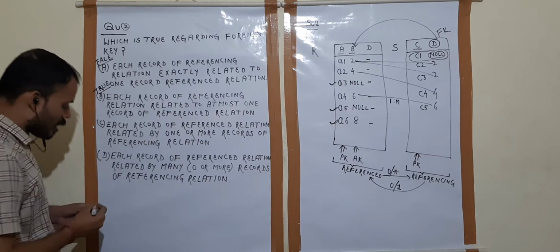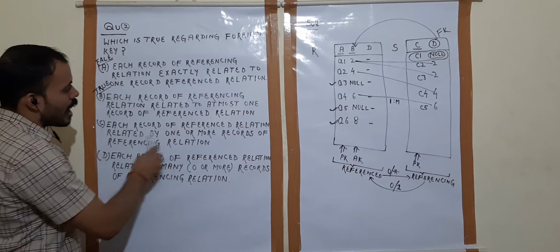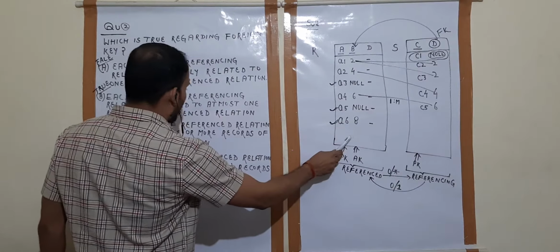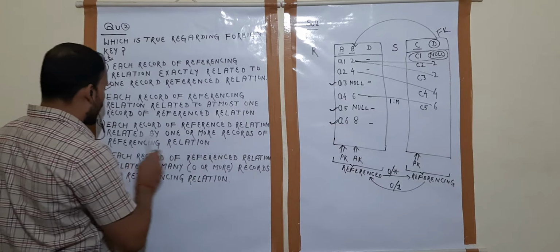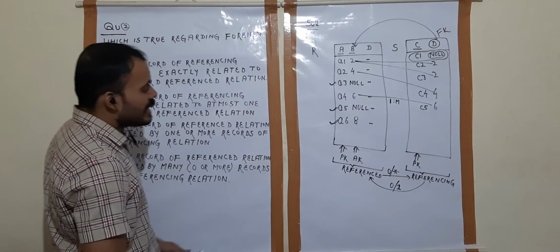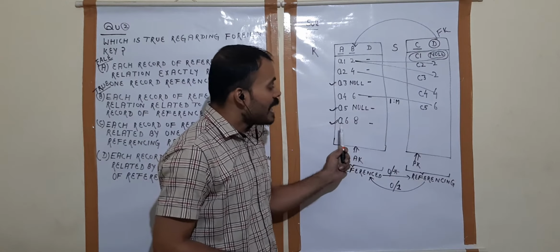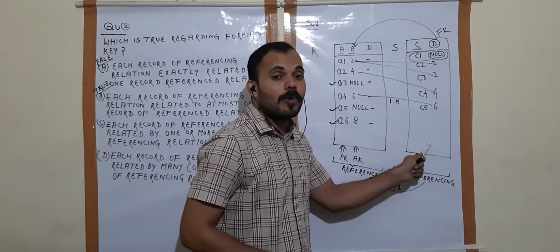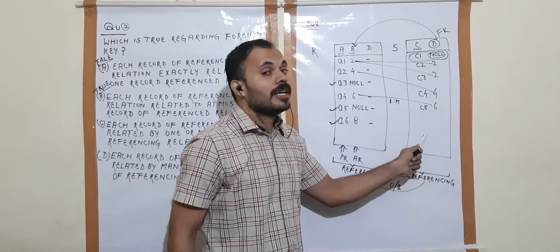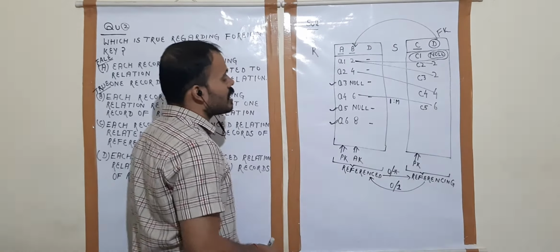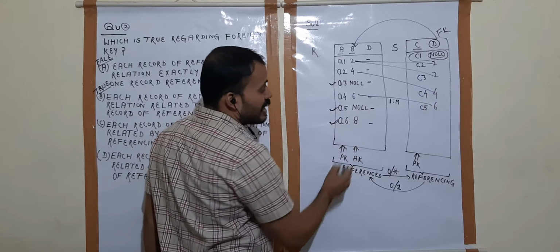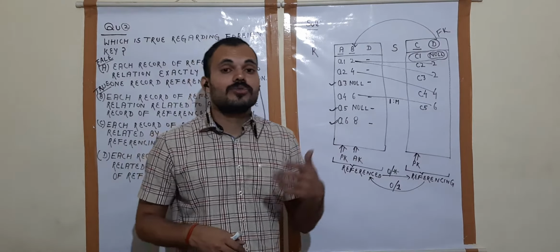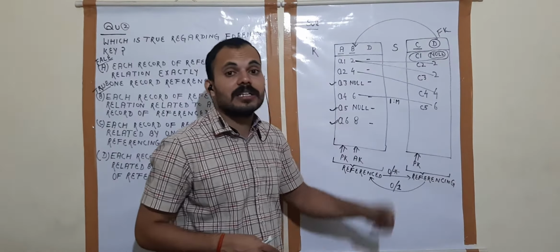Now see third, each record of referenced relation is related by one or more records of referencing relation. It is false, because see here, this record A3 null, A5 null and A68 is not related to any record of the referencing relation.